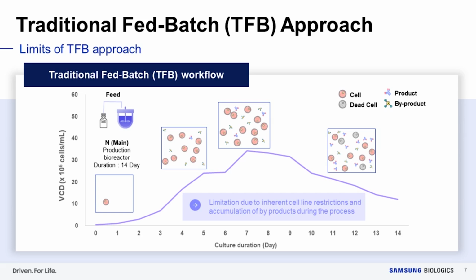Furthermore, the static nature of fed batch processes means that adjustments to nutrient level and waste management are often reactive rather than proactive. This can result in inconsistent production runs and variability in production quality, posing challenges for large-scale manufacturing.